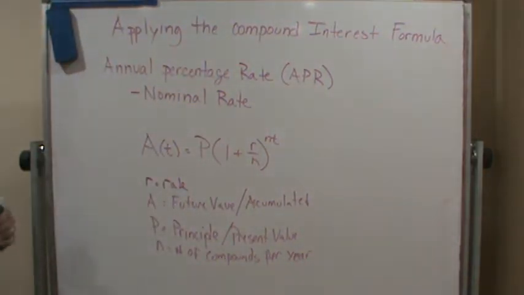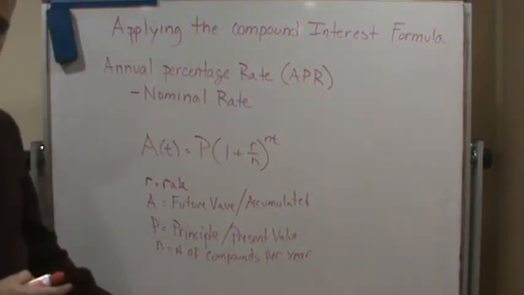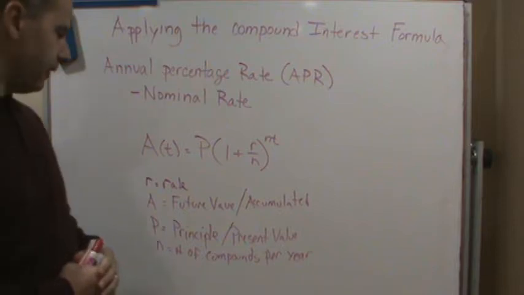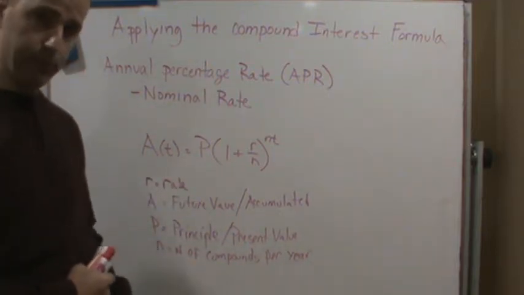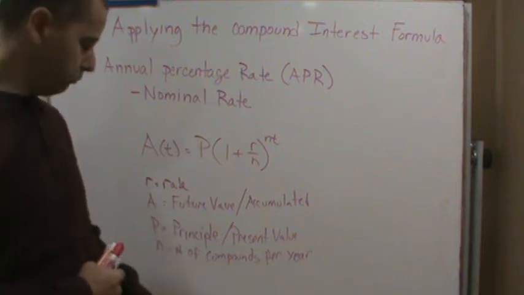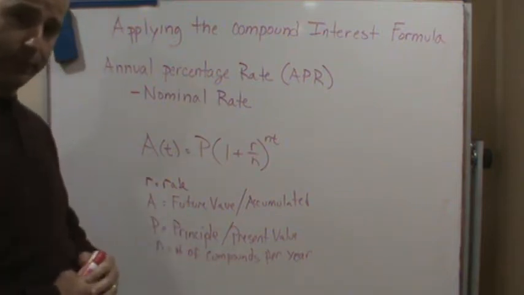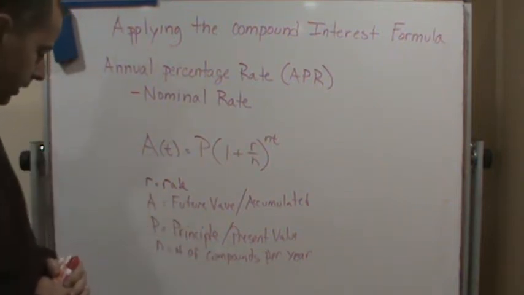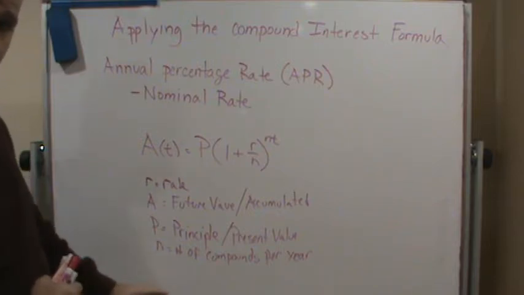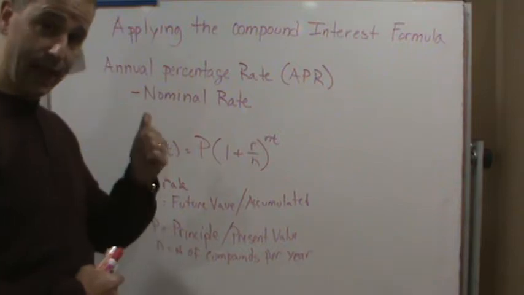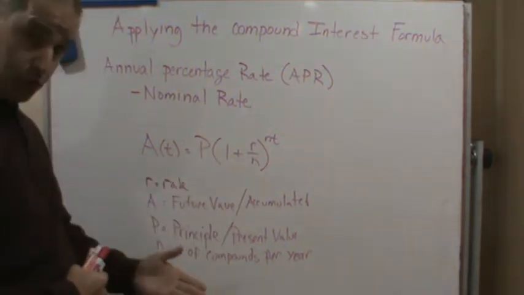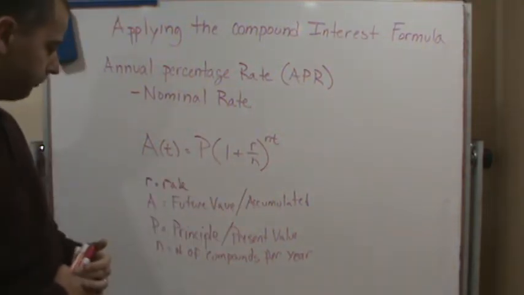If I'm compounding annually, then N is going to be 1. If I'm compounding monthly, then N will be 12. If I compound weekly, N will be 52, because there are 52 weeks in a year. If it's quarterly, then N will be 4. If it's semi-annually, that means every 6 months, then N is 2, and so on.